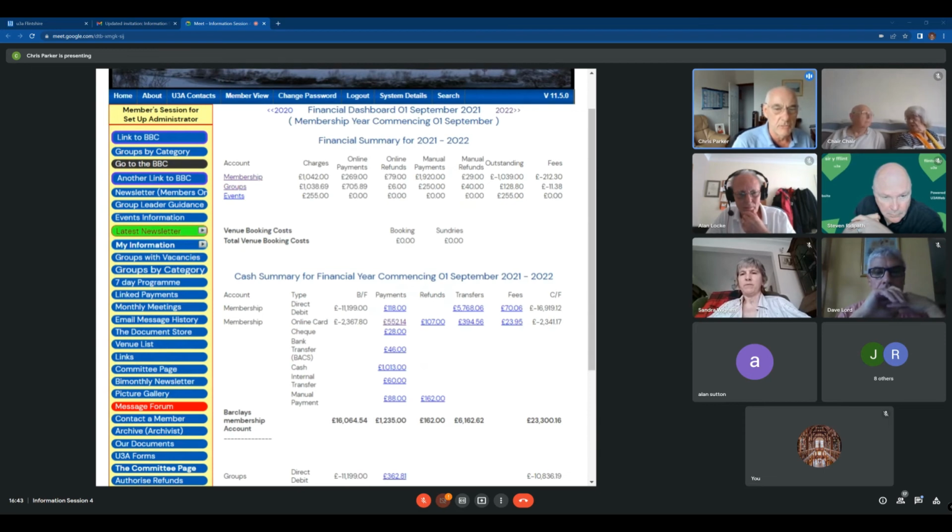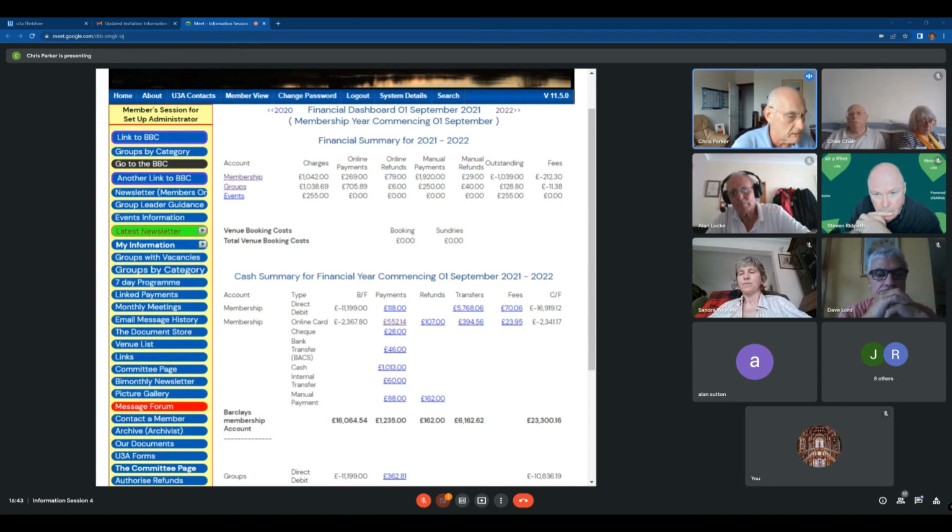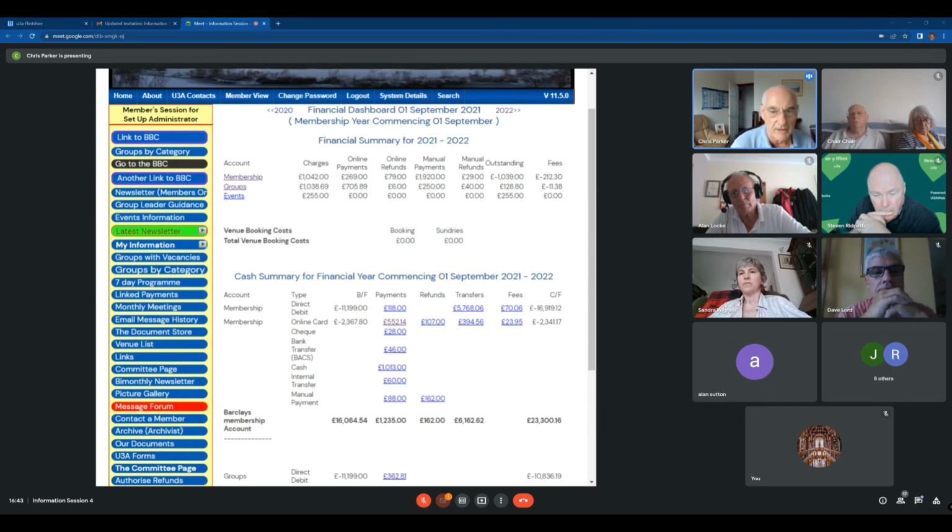And if you make your financial year 3 months before your membership year, then everything will be seen to be in the same year together. And that's really the only reason for having a financial year separate from the membership year, I would think.